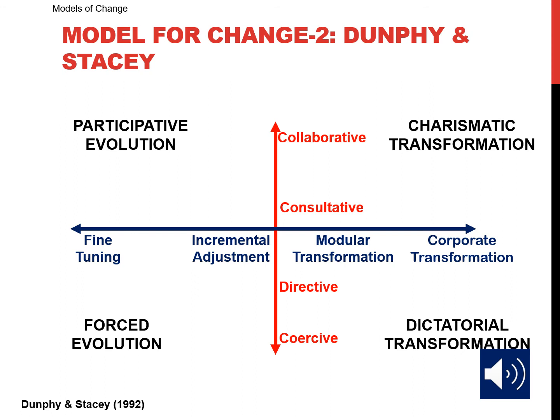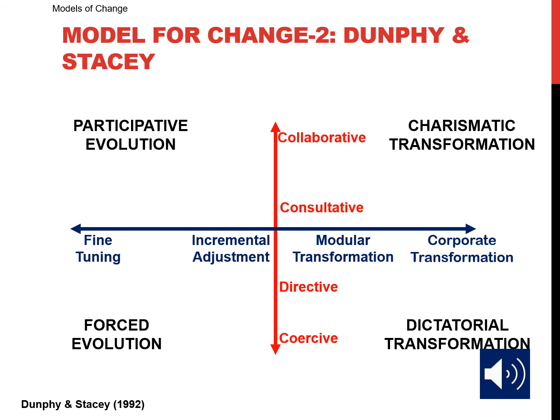We use it when there is agreement and when there is support in the organization. So charismatic transformation is used when the organization is out of fit because it needs significant changes, or also when there is little time for extensive participation, but there is support for a radical change.